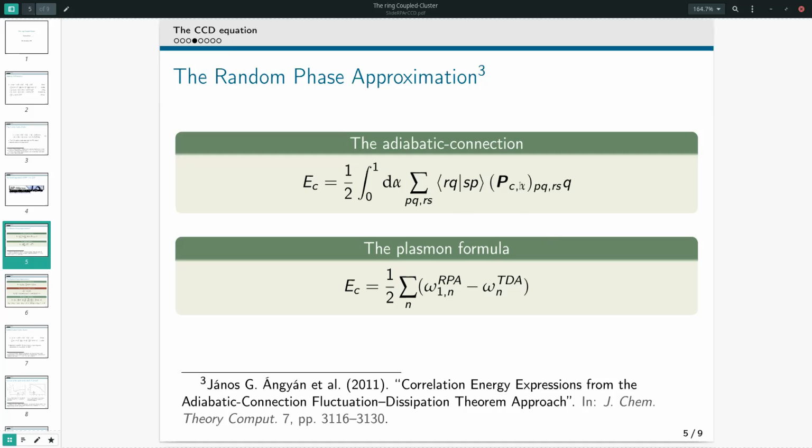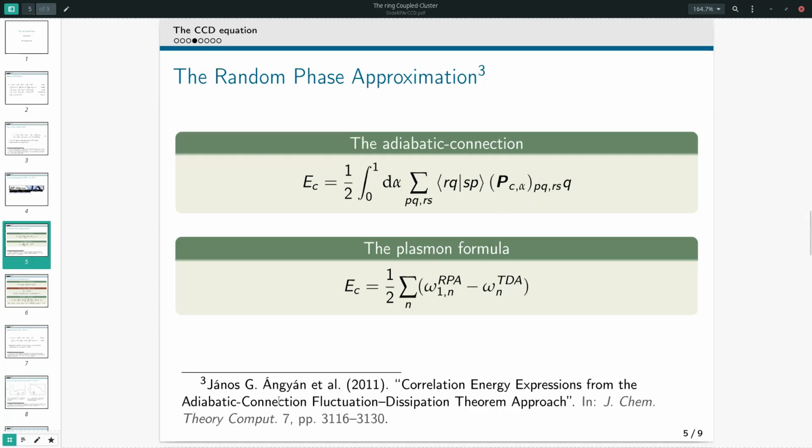What Scuseria called RPA in his paper is the approximation with exchange in this term and exchange in this term. What he called direct RPA is the Coulomb integral here and the Coulomb integral here.